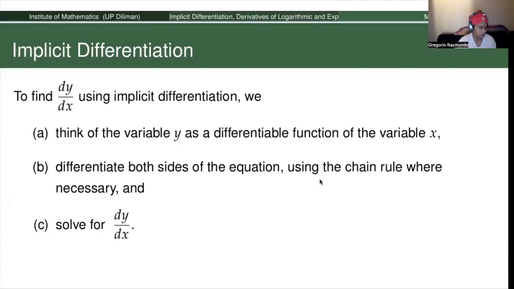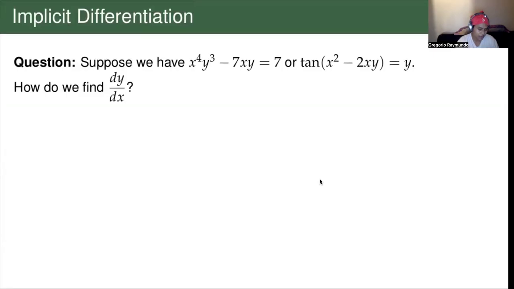Ano gagawin natin? To find dy over dx using implicit differentiation, step one, think of the variable y as a differentiable function of the variable x. So, imagination ito. Yung y, hindi mo siya ma-isolate away from x. So, i-imagine mo, dito sa part na to, na si y, function na talaga siya ni x. f of x yan.